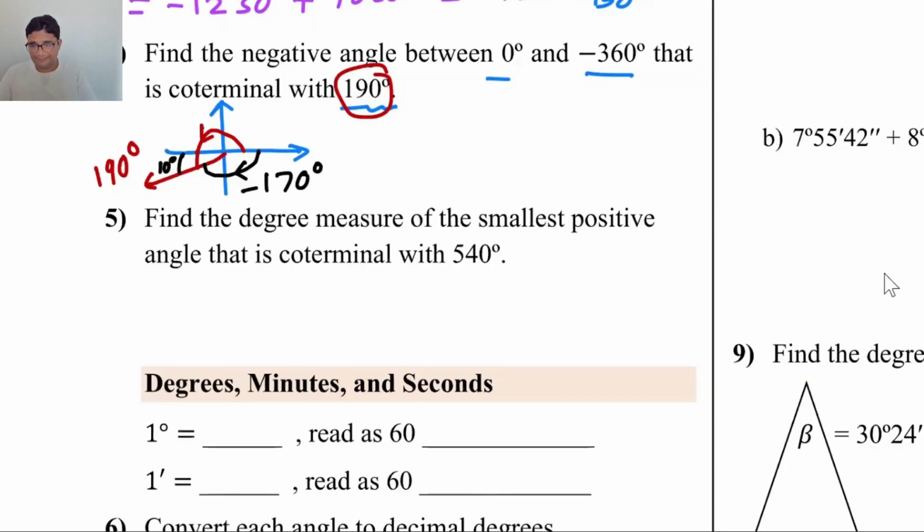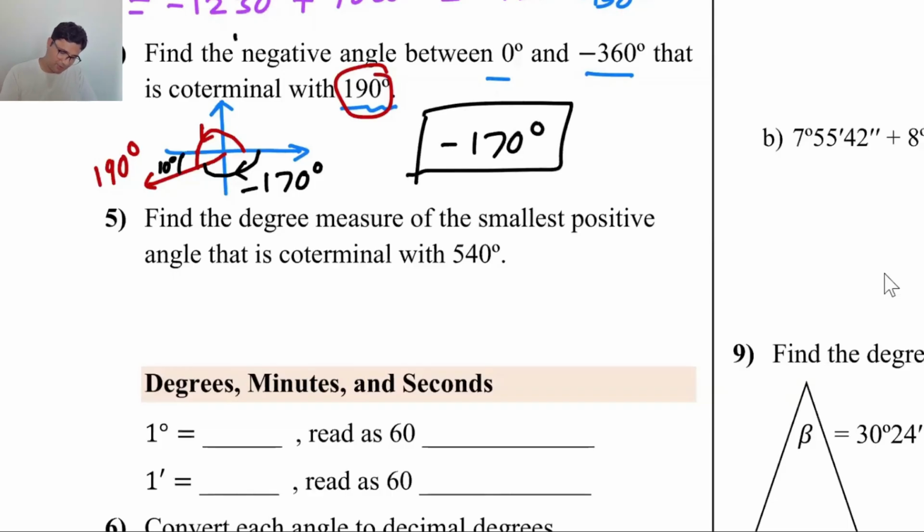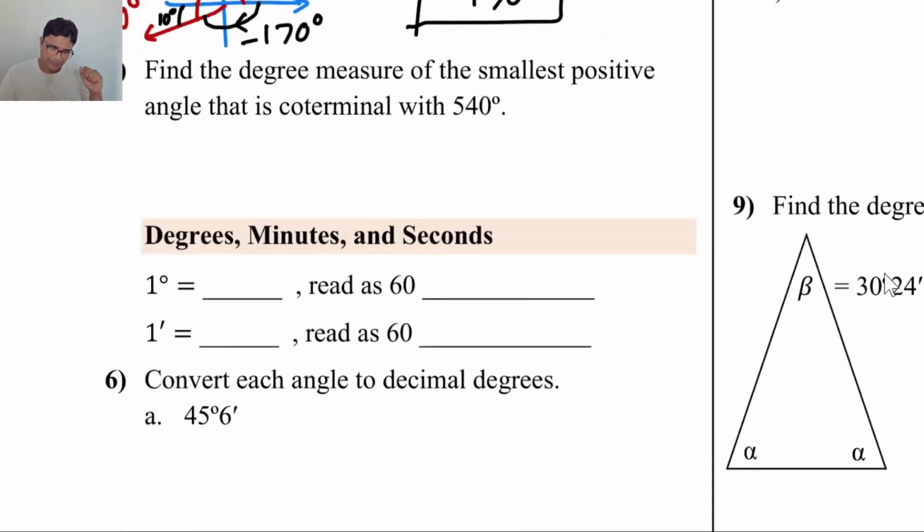It's negative. Okay, so the answer is negative 170 degrees. And there's going to be only one angle. That's why the question says the negative angle. Between 0 and negative 360, there is going to be only one coterminal angle.